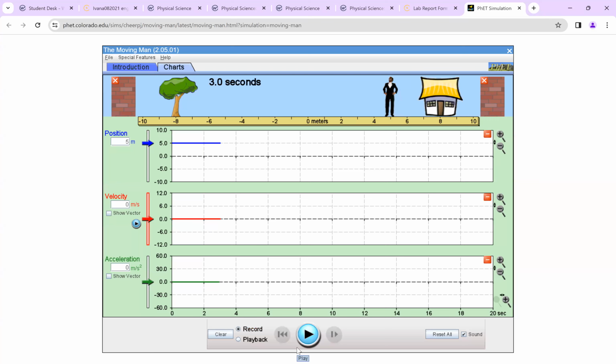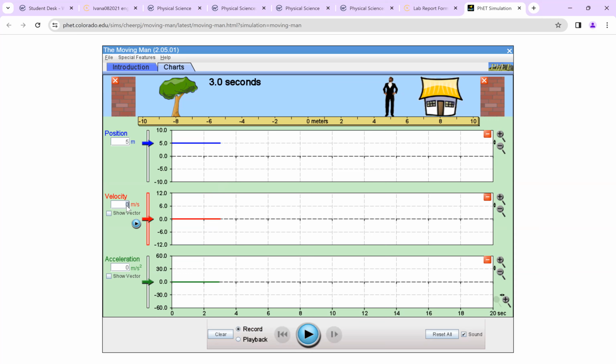What happened with the guy? He moved for a little bit and then stopped. He actually did not move. He's always at 5 meters away. I know he kind of adjusted his posture, but he actually didn't move. So that's what happened with the ball in the first 3 seconds. Did the ball move? No, the guy did not move.